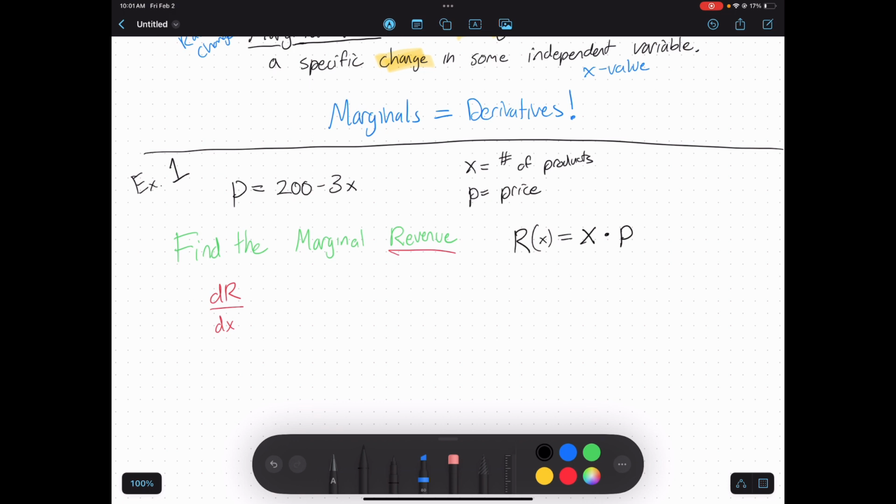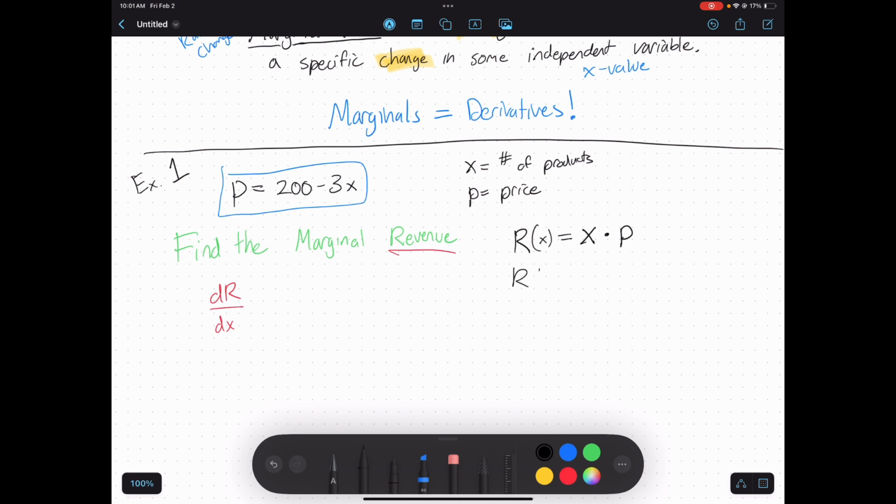Of course, this is the same kind of problem that we ran into in 2.5. I can't take a derivative of this if I've got two different variables, but remember, my company already has this demand equation to show how the price and the number of products I sell are related.